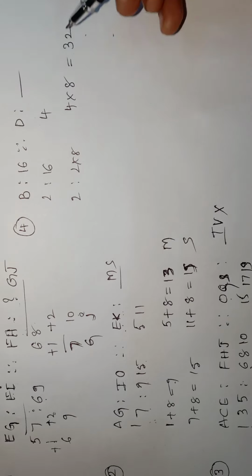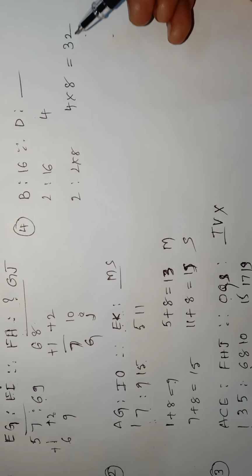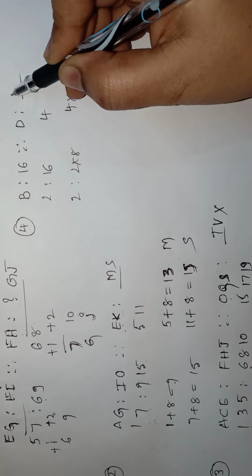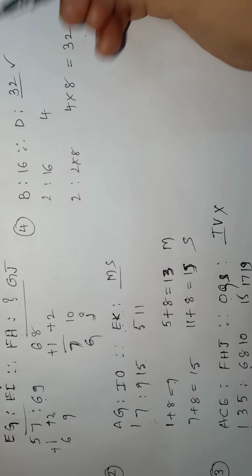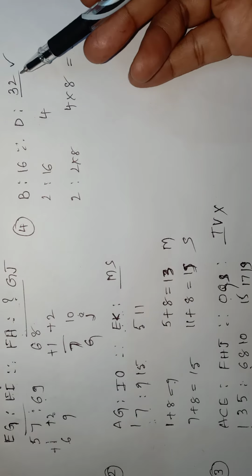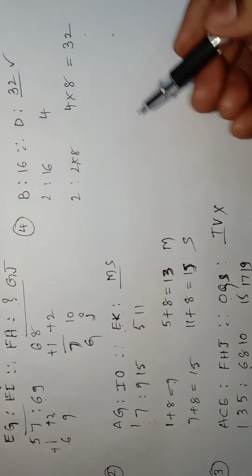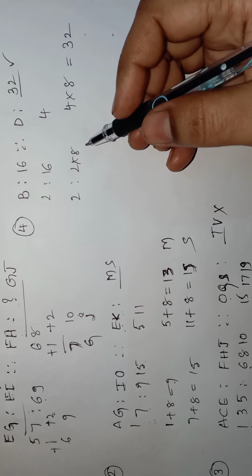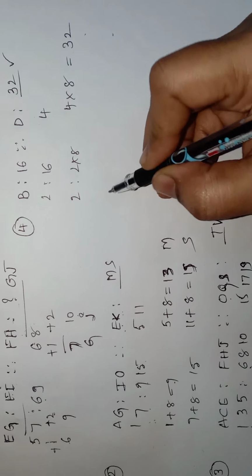Only the number you have to write. So the answer is 32. Whether 32 is in the options, you have to fill this blank with 32. Otherwise, if it is not in the options, then you have to try another reason.